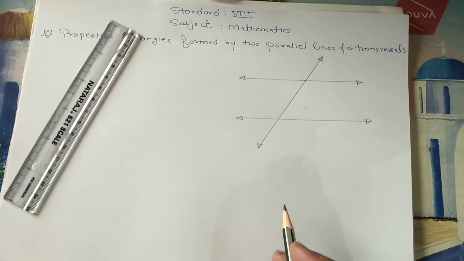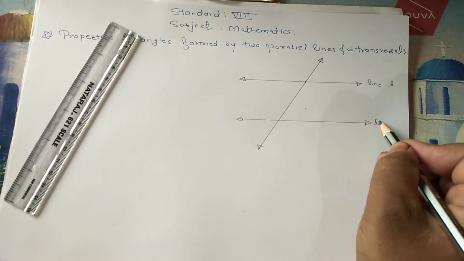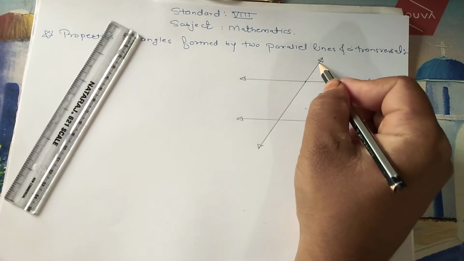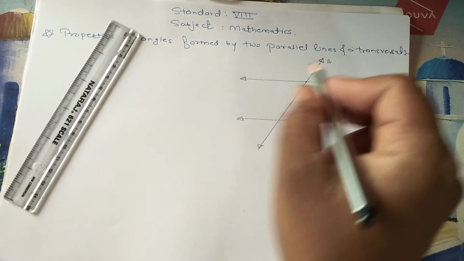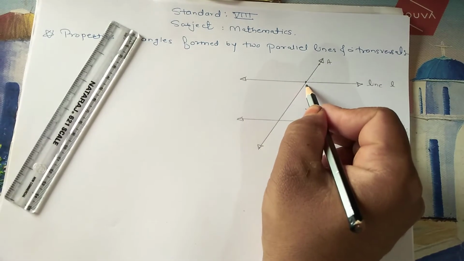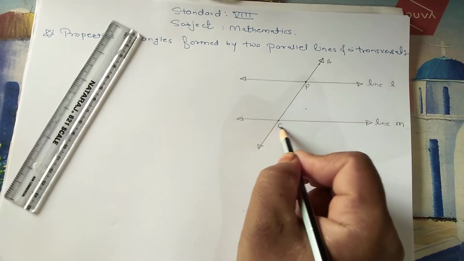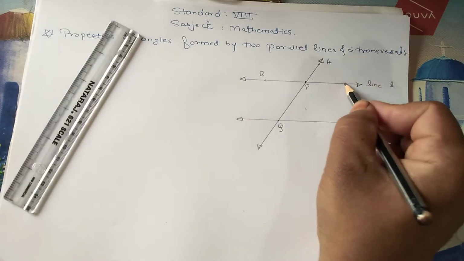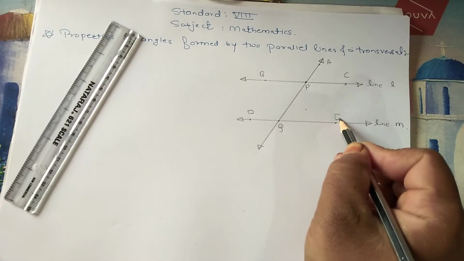We give names to the lines: suppose this line is L, then the line M. Then here we are considering the points: suppose A, then P, Q. Here is B, then C, D and E.